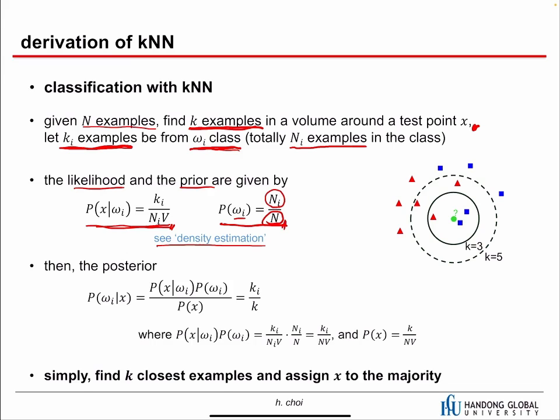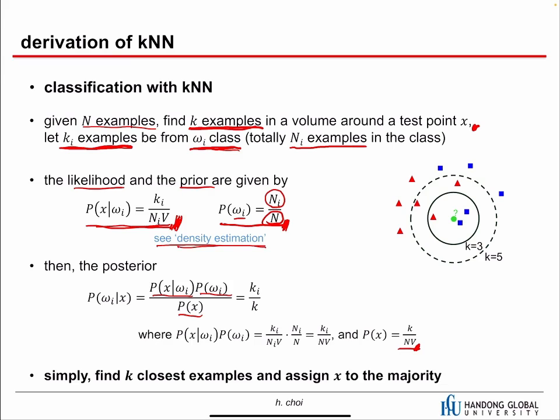Okay, then again, all the time we are interested in the posterior. If the posterior is not possible, then we're interested in the likelihood. The posterior can be calculated simply by multiplying these equations. The likelihood is coming from this, the prior is coming from here, and p of x is given by this, which also comes from density estimation.